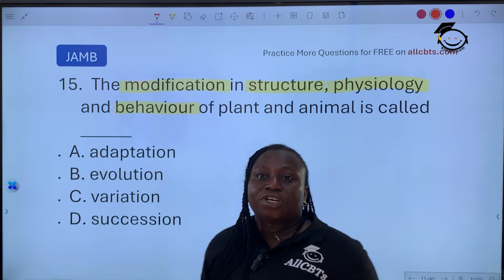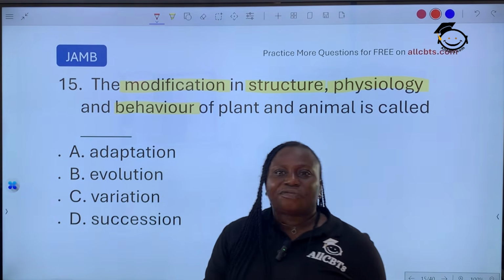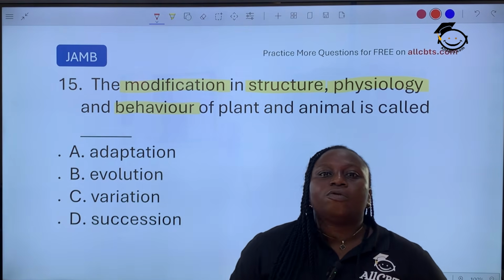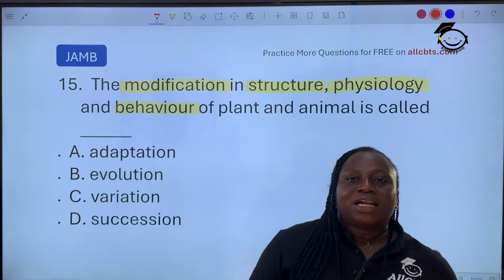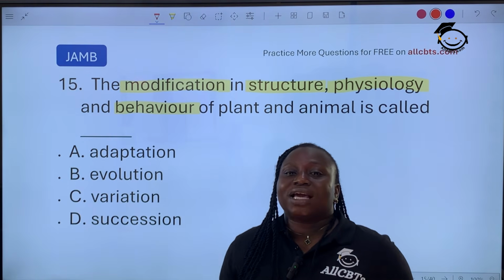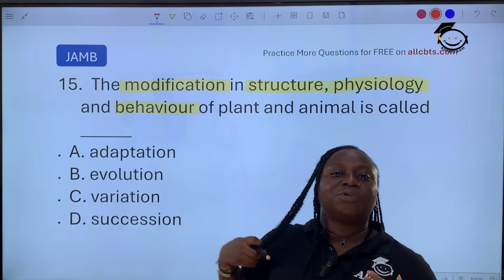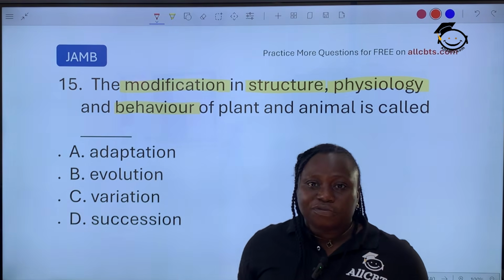Now, what does modification mean? When you modify something, you make it suit your taste. For example, I buy a car in black, but I want to modify it to my taste and I paint it pink. That is what they call modification.